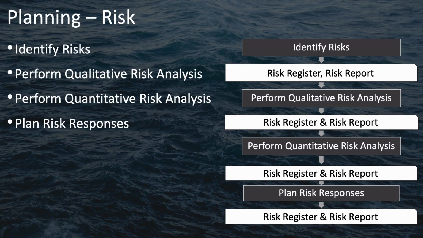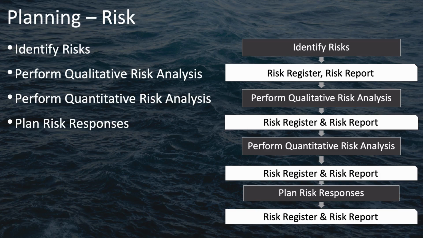This information is then used as input to your perform qualitative risk analysis, and this analysis and its results are then used to update the information in your risk register and risk report. Then, for some of your risks, you may perform quantitative risk analysis, and the results of this, again, are summarized and used to update your risk register and risk report.